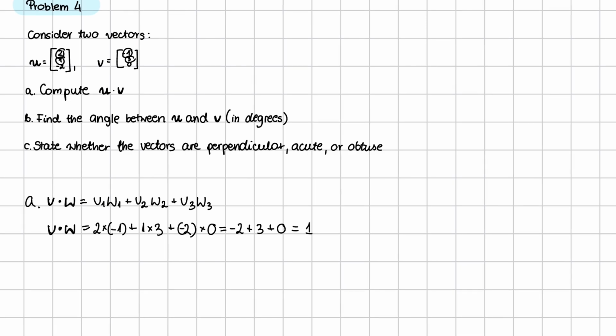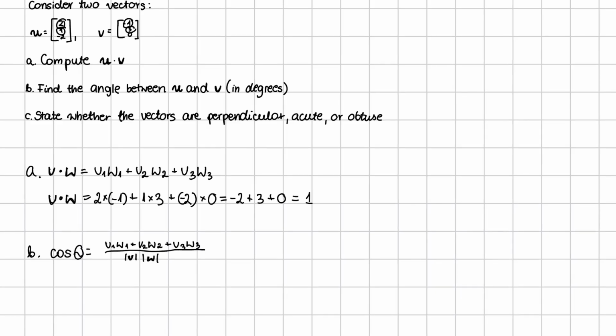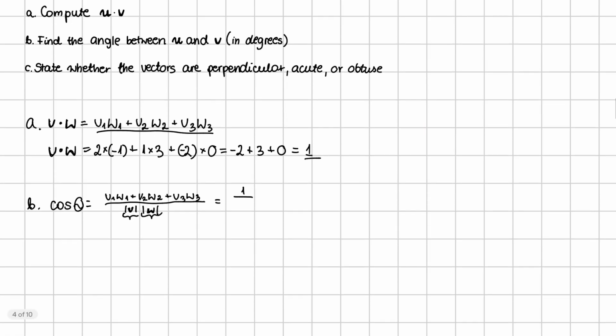B. Find the angle between u and v in degrees. You can take a look at the formulas in your booklet, and you can observe the formula called angle between two vectors. The numerator is just 1 because we already calculated it, and the other values are the magnitudes of our vectors.